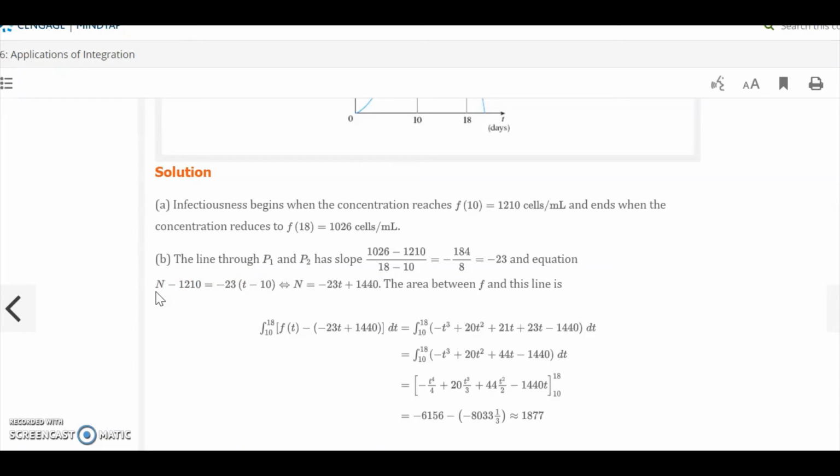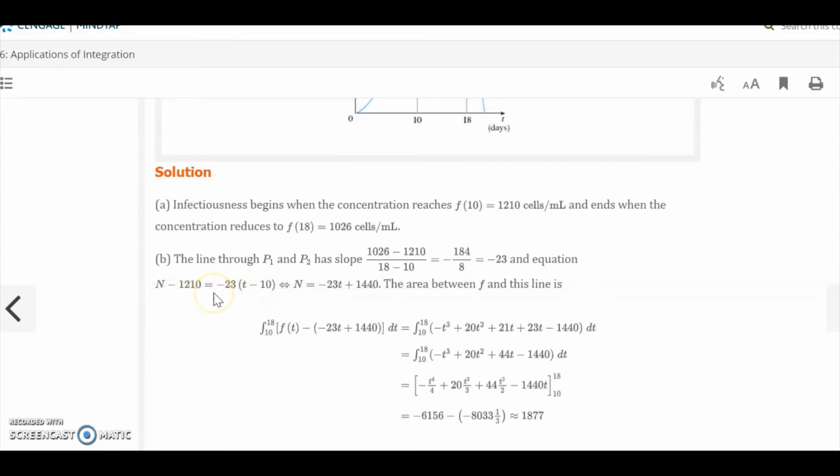They just have n's and t's instead of y's and x's. So in this case, n is representing y and t is representing x. So we have y minus the y value equals the slope times the difference between the x values. So that again is just using point slope formula.